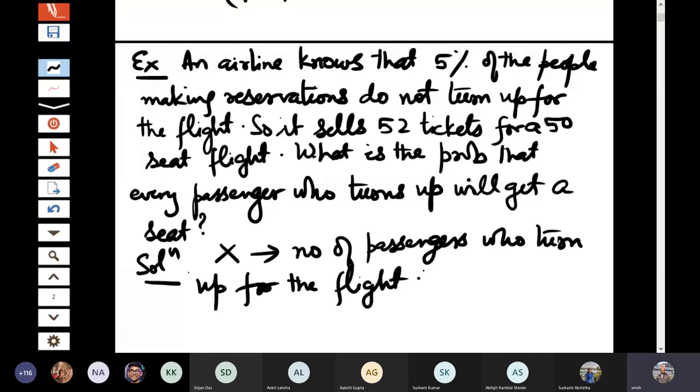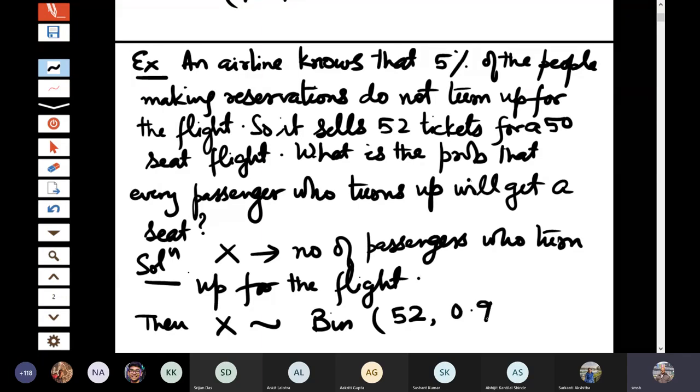Then you know that the chance that he does not turn up is 0.05, because 5% of the people do not turn up. So then we can say that X follows binomial distribution, and since 52 tickets are sold, N is 52, and the probability that he will turn up is 0.95. So this becomes a binomial distribution.